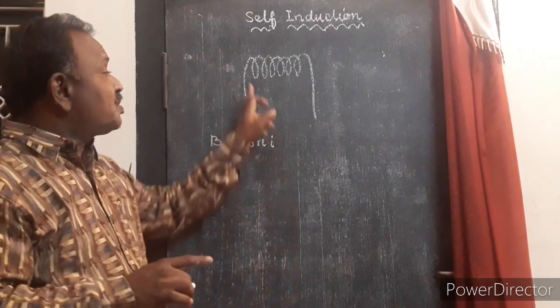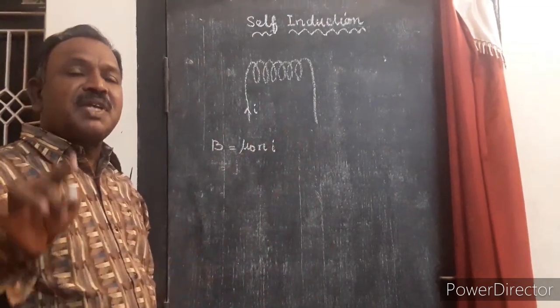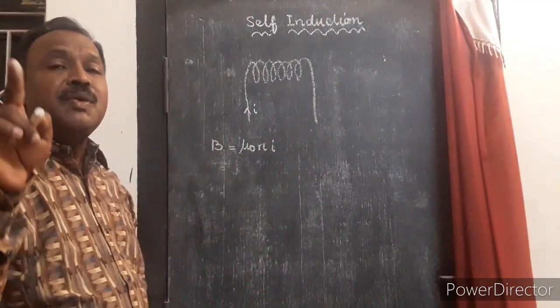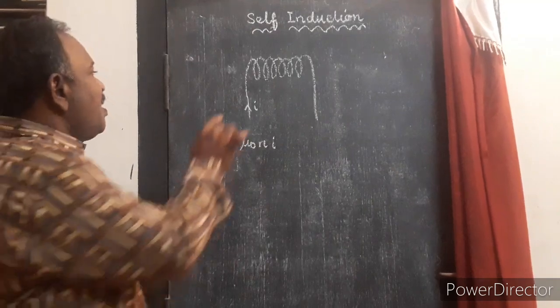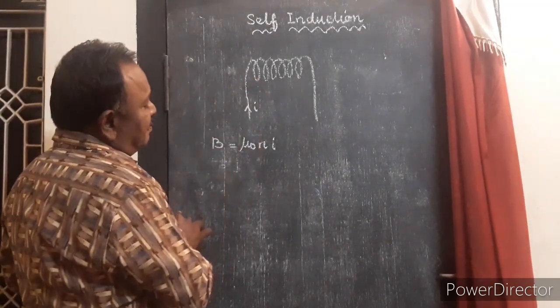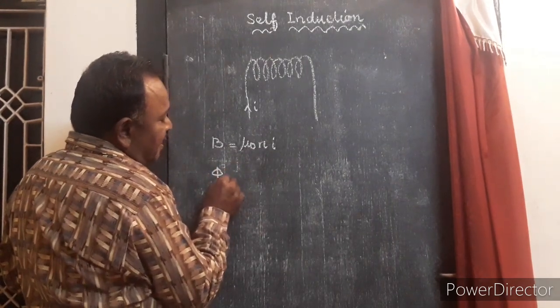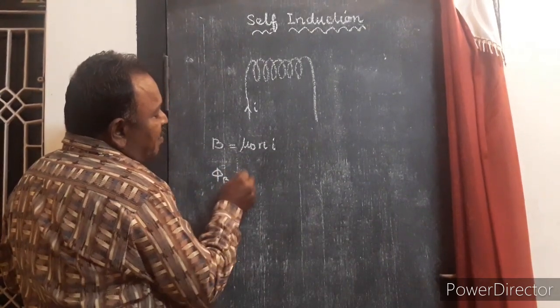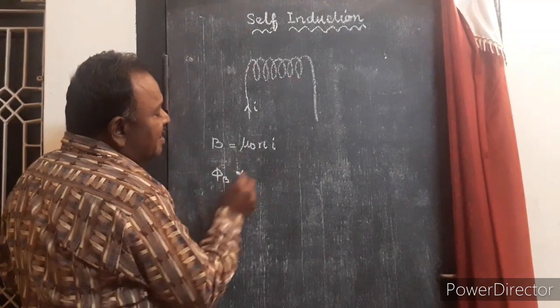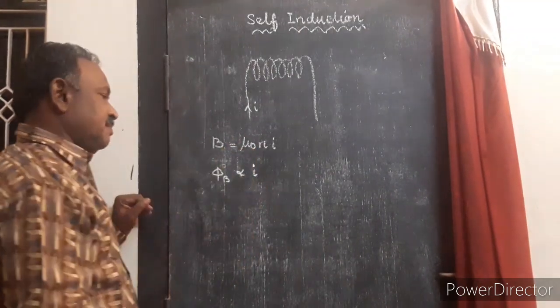When magnetic flux through the coil changes, it is capable of producing induced EMF. The flux per turn of the solenoid is given by phi B. So phi B is directly proportional to I.